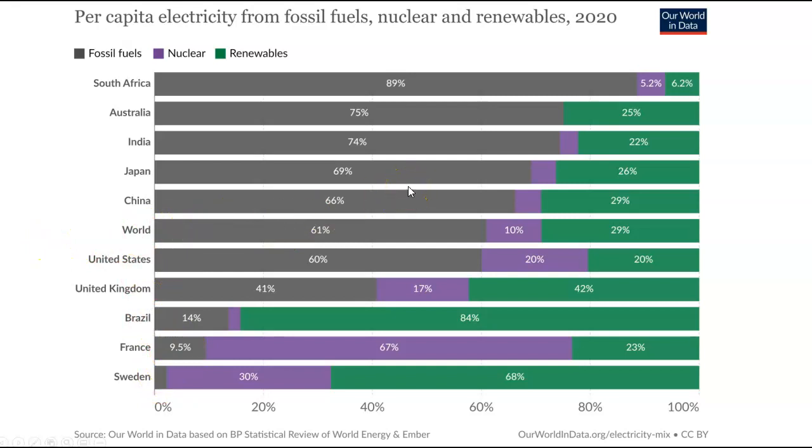So it varies quite a bit all over the world how much we use renewables for electricity. Even though, of course, South Africa and Australia both probably have quite high availability of both sun and wind, so they should be able to get there in the end as well.